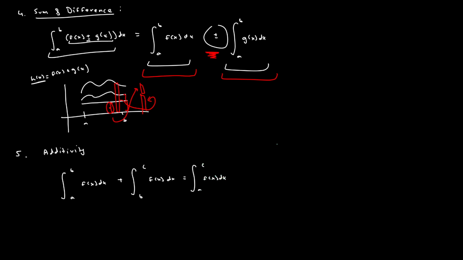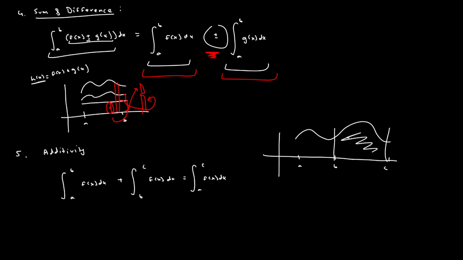And we can think about this as making logical sense, because let's say this is the interval a to b, and then you have some interval from b to c, right? And we have some waveform function that looks like this. If we separately calculated this area, and we call this A1, and then separately calculated A2 as being this area, and we want to query for the area from a to c, we can simply add up A1 and A2 together, right?